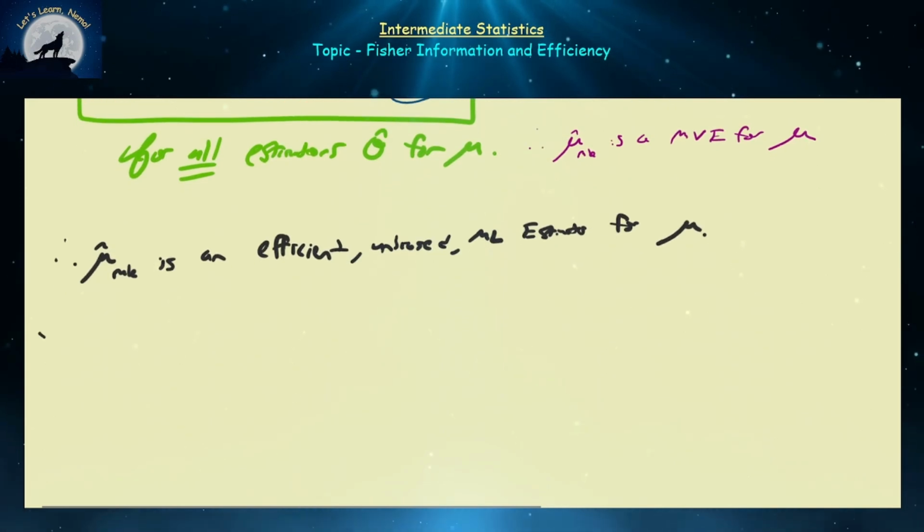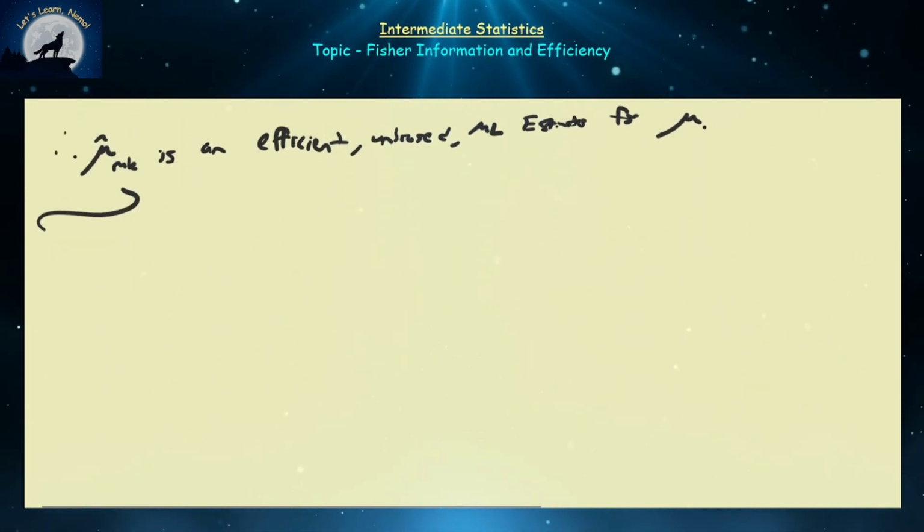Right? And you could go through the same exact calculation for the variance, but I will tell you that there is a bit of lack of efficiency for sigma hat squared MLE. Firstly, it is not unbiased, therefore the numerator of your Cramér-Rao lower bound is not just 1, it's 1 plus the derivative of the bias, squared, all over the Fisher information.